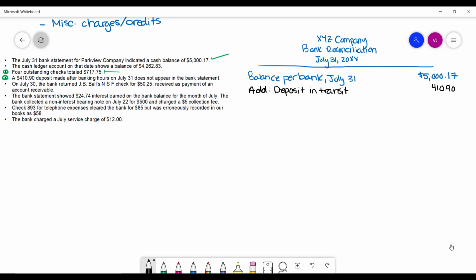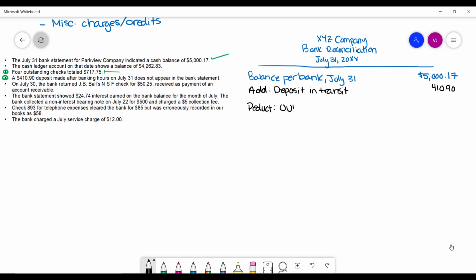But outstanding checks are the same idea, except it's not cash coming in, it's cash going out. So once we write those checks, we would already have recorded that on the books, but the bank doesn't yet know about outstanding checks. They haven't yet gone through. So when it comes to outstanding checks, you want to deduct those from the bank balance.